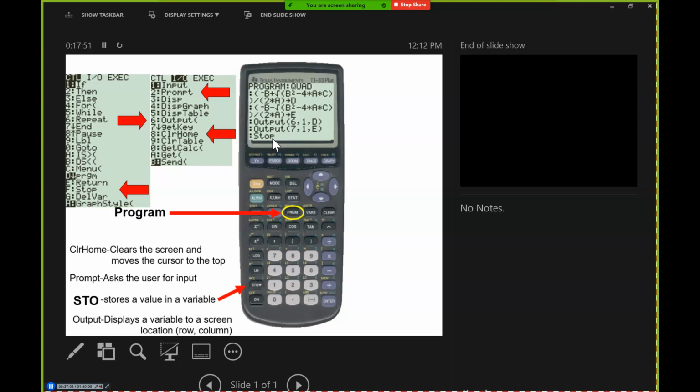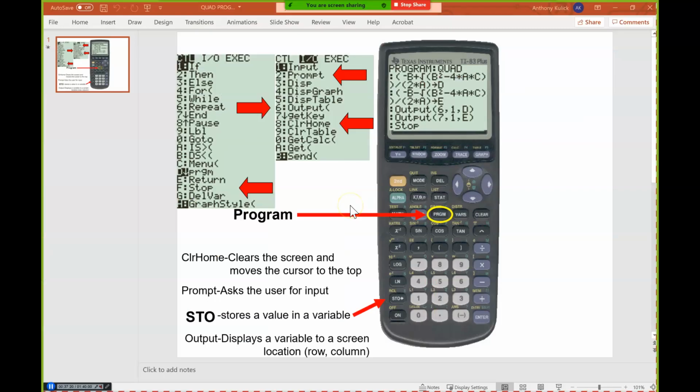Okay, so everybody, if you haven't pressed second and mode yet to exit to the main screen of your calculator, go ahead and do that. So second and mode to get out of the program editor and move to the main screen of your calculator.